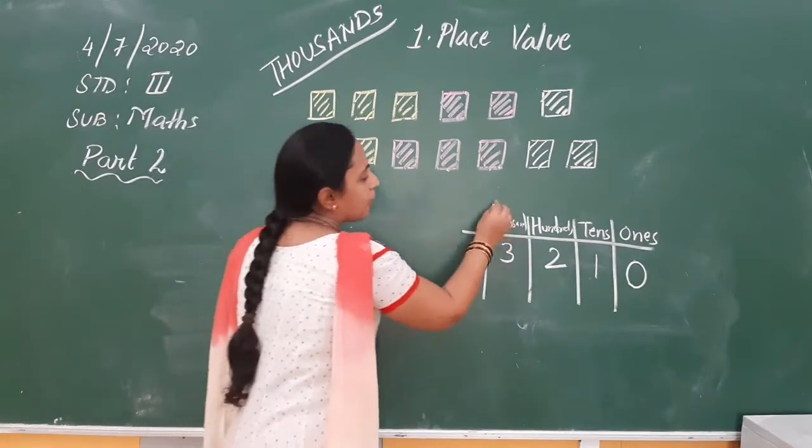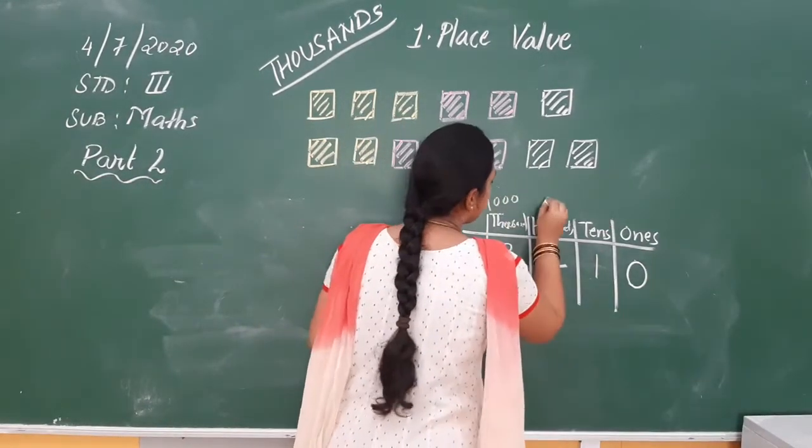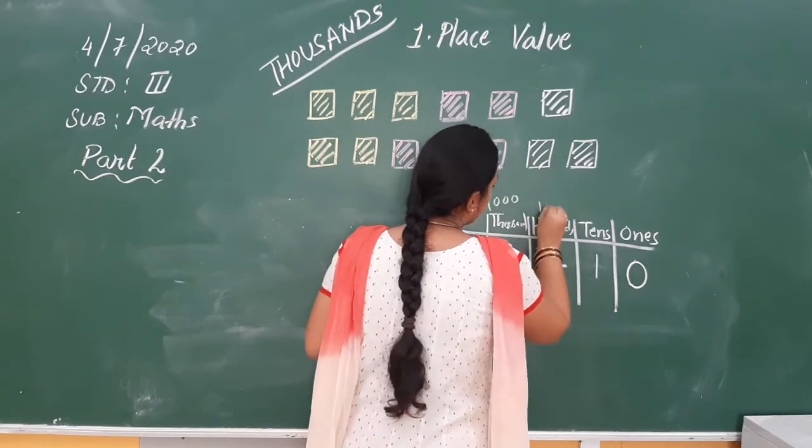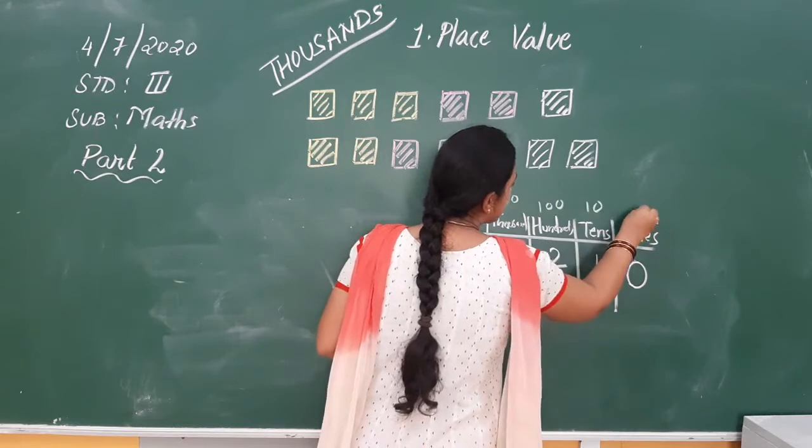3 is in the thousands place, so this is 1000. 2 is in the hundreds place, so this is 100. 1 is in the tens place, and this is 1.